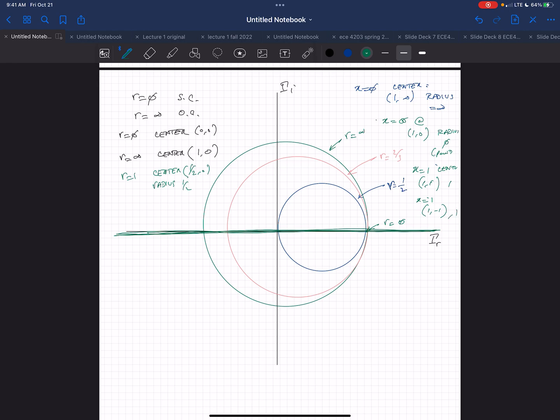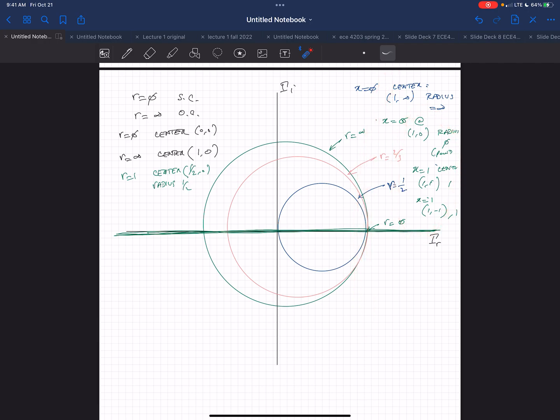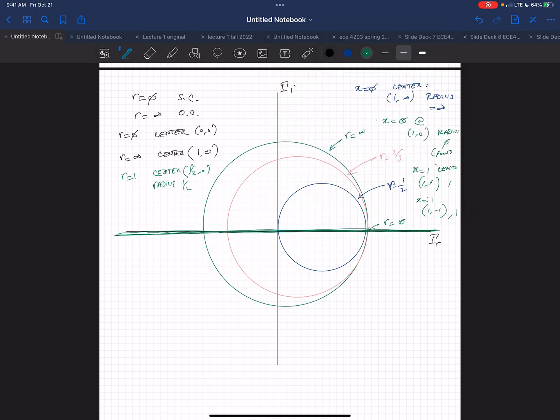So I'm going to have a bunch of circles running around there. If you look at where those circles are, they're kind of around here. If I draw just part of those circles, the first one I drew was this guy along the line, which was X equal to infinity.